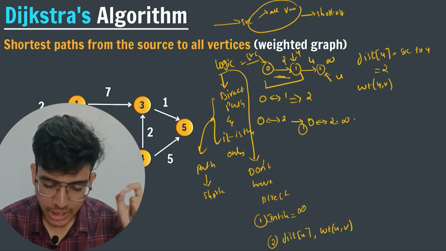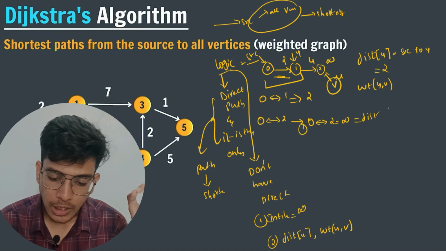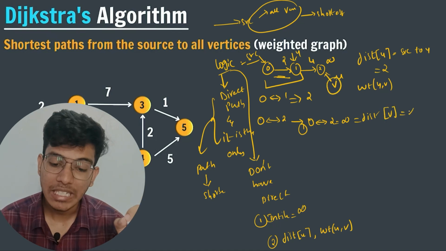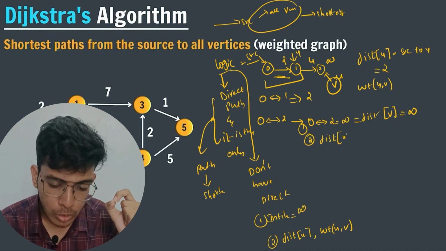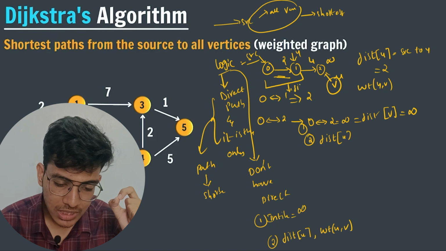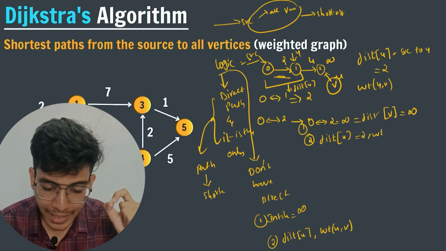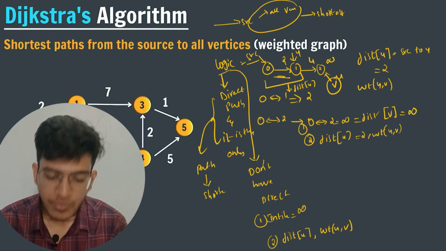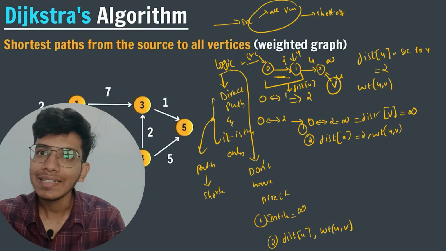So the first step is, this is my v node, right? So I will make the distance of v initially infinity. Now the second step is, I know the distance of u. This is u, and this is the distance of u, that is 2. And I already know the weight of u comma v, which is the edge length connecting the u node and the v node.